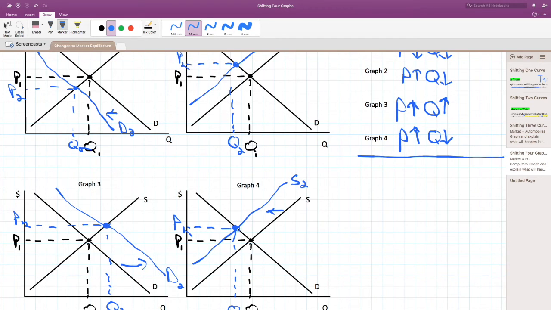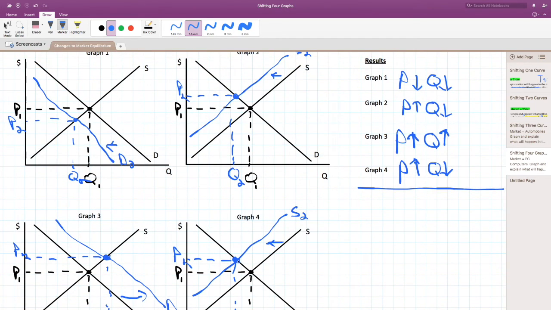Now, I'm going to go ahead and look back over all of my answers and see what happens. So in graph 1, price falls, price rises in graph 2, price rises in graph 3, price rises in graph 4. Because price falls here, the whole statement is ambiguous. I'm going to put a question mark.